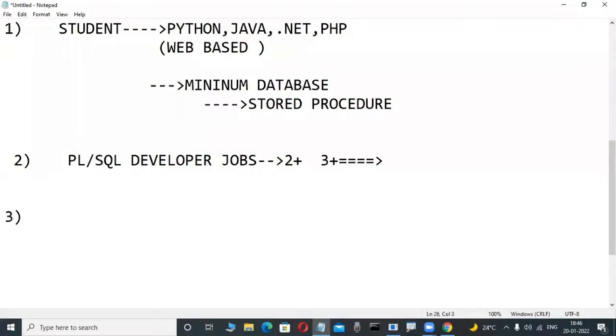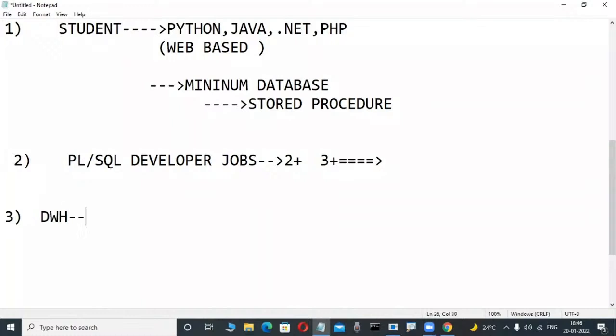Another type of persons: nowadays, so many persons do not have very good coding knowledge, maybe they are non-technical persons who want to move into software. In that case, there is one type of job: data warehousing technologies.